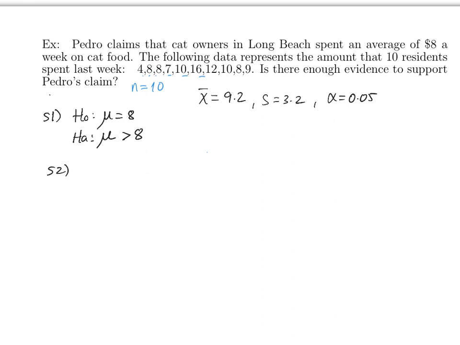For step 2, T star is going to be the square root of 10, because remember n is 10, times 9.2 minus 8, divided by 3.2. And how much is that? 1.93? I think it's 1.2, no? Just check again. Yeah, it's 1.2.